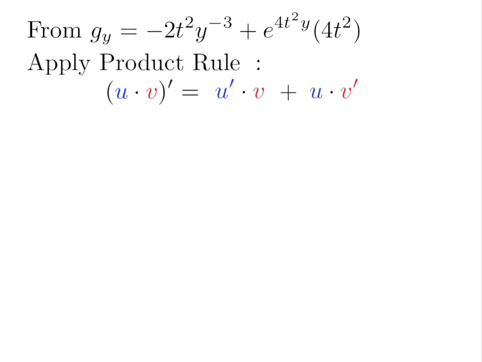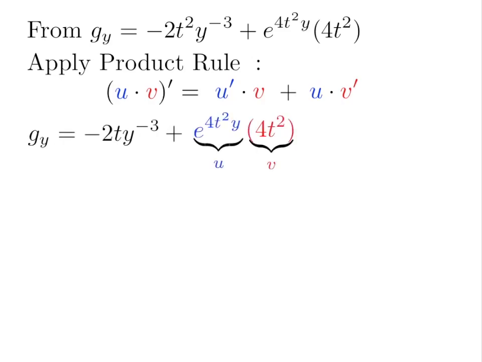Now I'm going to change the color for the second term, just to make sure that you can follow the notation u and v. You're going to take this function and find the partial derivative with respect to y. In this case, t is a constant. So you have negative 2t times negative 3 times y to negative 4.